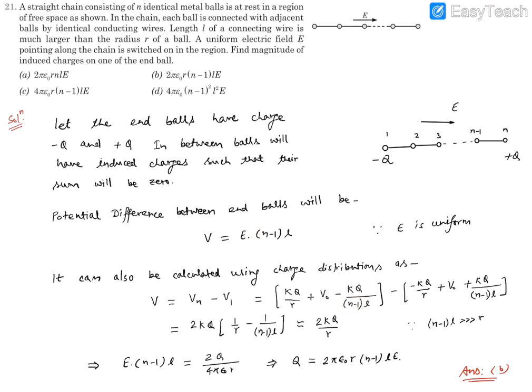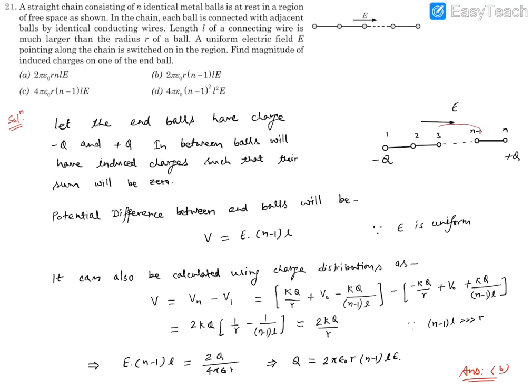So this entire expression is the potential of the nth ball. Now we need to find the potential of the first ball with very similar logic. It's going to be the potential due to its own charge, because of the mid charges, and because of the other end charge. Its own charge is going to give us minus kq upon r because that's negatively charged.